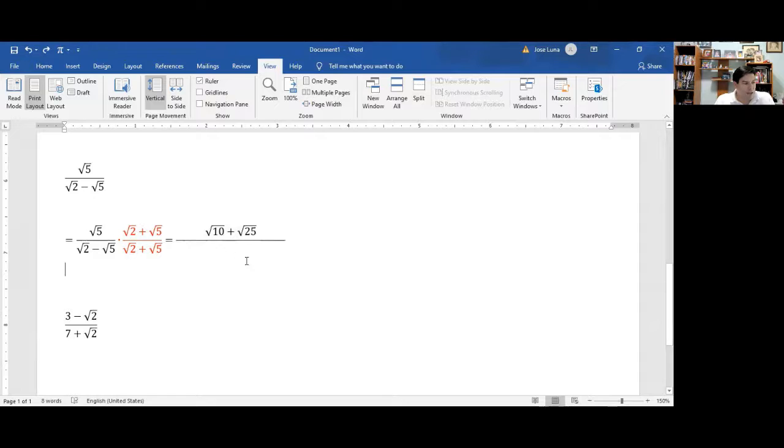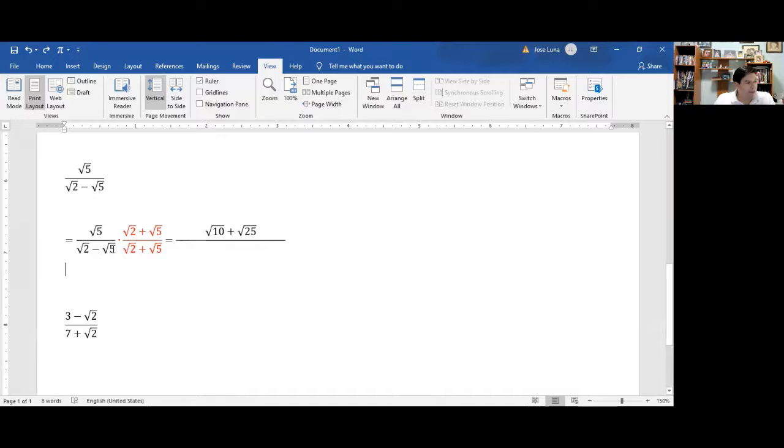Now in the denominator, we will do, using the FOIL method, the first times the first, that's square root of 2 times square root of 2 is square root of 4. So we should write here square root of 4. You can follow along on your paper. Now the outer ones, square root of 2 times square root of 5, it would be positive square root of 10, just like here.